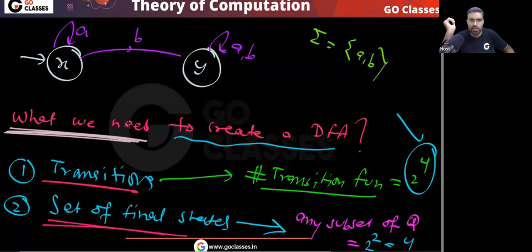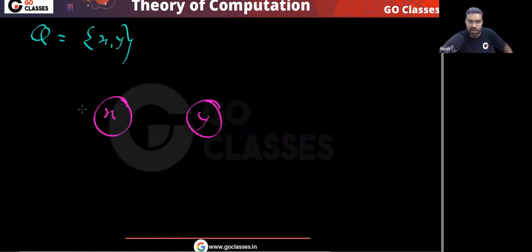Is this point clear? Once you create the transitions, now you need to decide who will be the final state. This is your Q, x comma y. This is x, this is y.